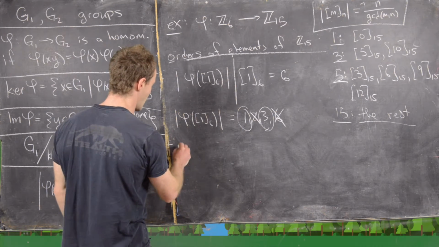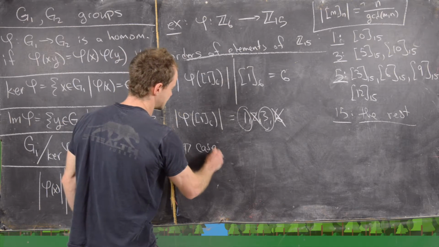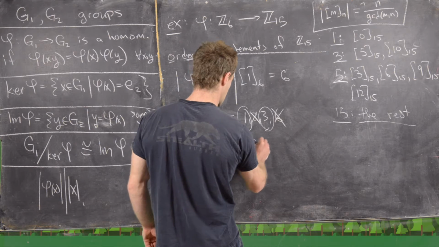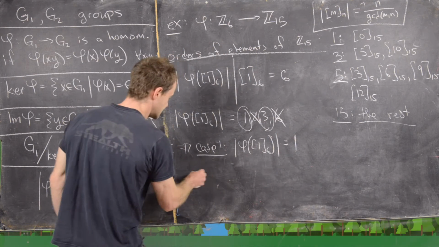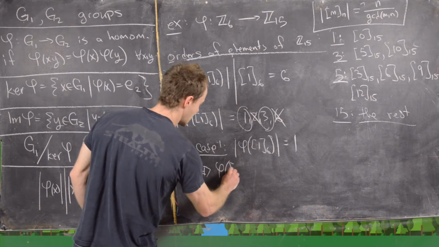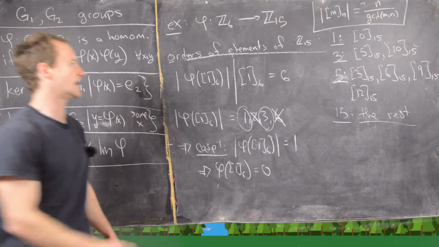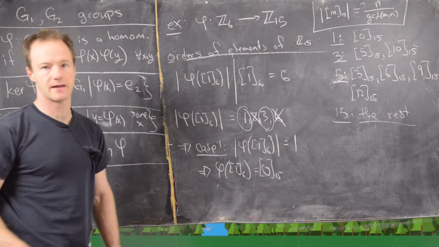If we have order 1, so that means, well, let's write this out. So case number 1, and that would be the order of phi of 1 is equal to 1. So that means that phi of 1 is going to be equal to 0, and I should say 0 in Z15, which we can write like that.